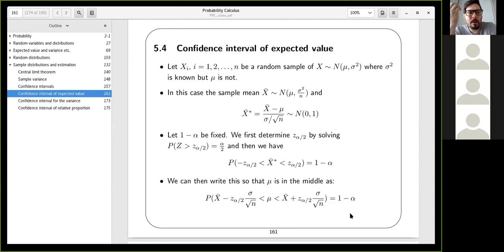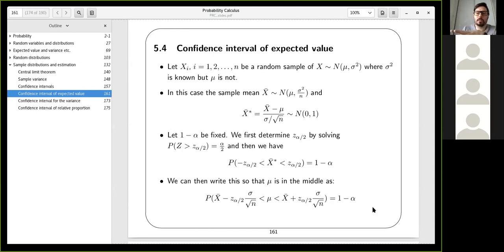And understand now that if mu is fixed and this is the sample we get, then this is the random variable here. This is in fact a random variable. This depends on the actual sigma and the n. So it's 1 minus alpha.